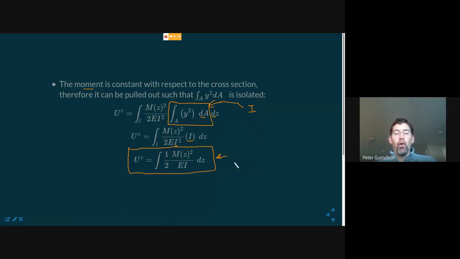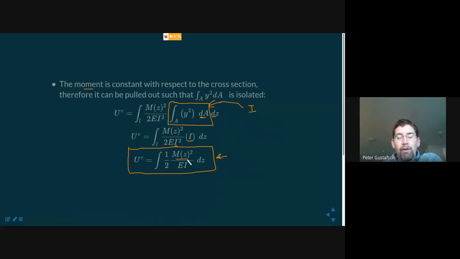You largely could write it this way, although if the area is not constant over the length, you'd have to be a little bit careful and break it up into the sections where it might be piecewise constant and similar. Anyway, there's our complementary energy in the beam.